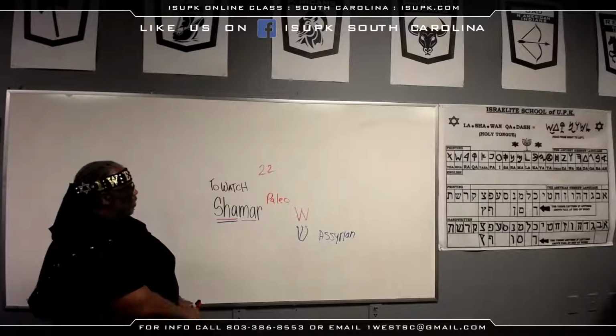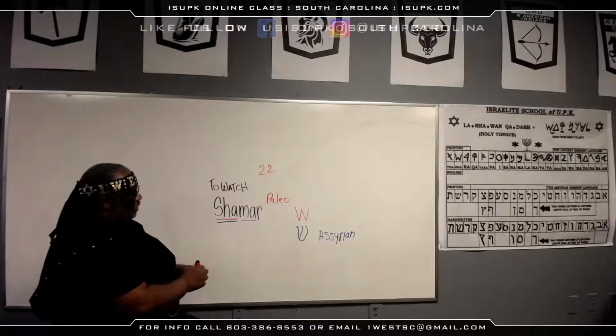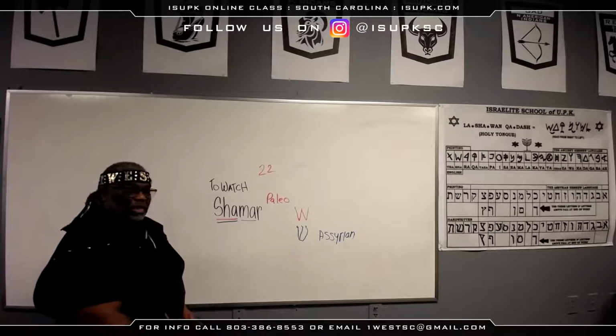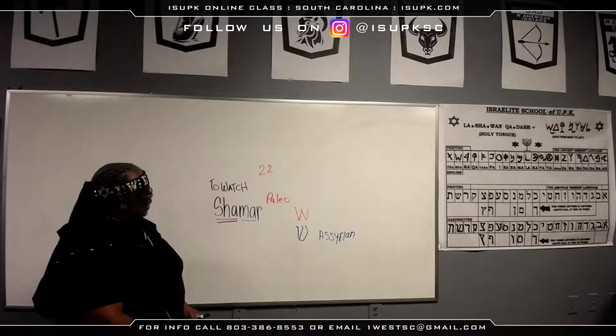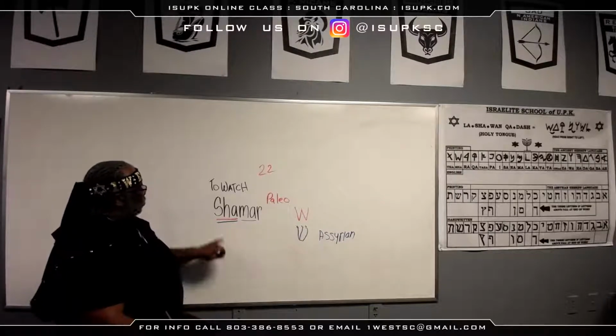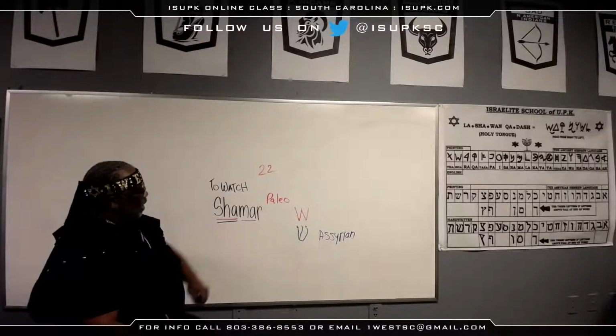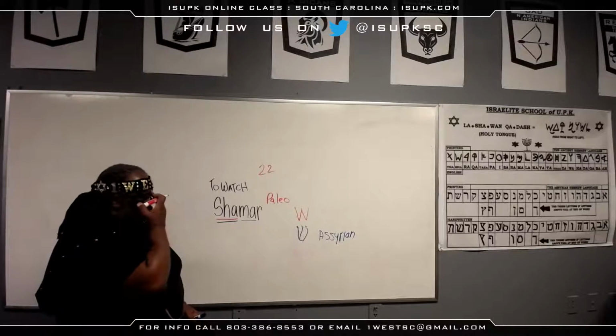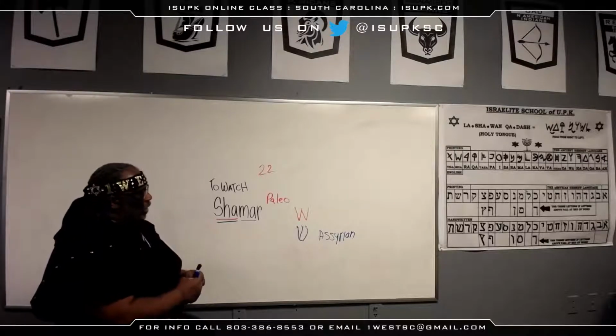Right here, you have that character, Ma, has its own look, has its own sound. So you put them together, Shah, Mar. And of course, we're going to show you the difference between Paleo and Assyrian.